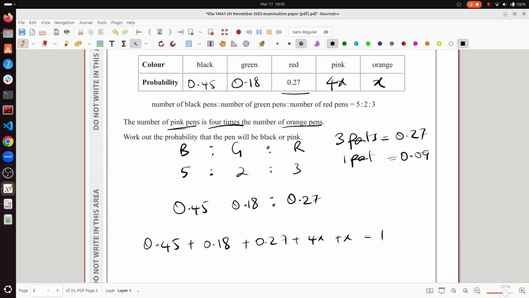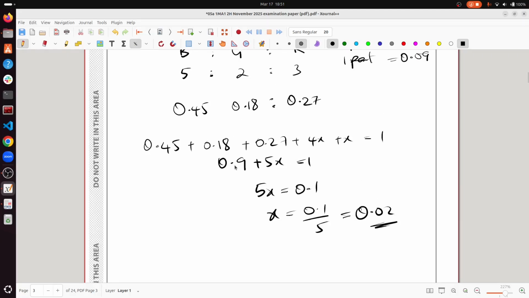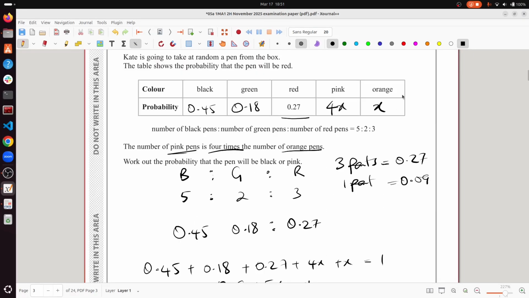So 0.45 plus 0.18 plus 0.27 should give me 0.9, plus 5x is equal to 1. And now we have that 5x is equal to 1 minus 0.9 gives me 0.1. That means x is 0.1 divided by 5, which is 0.02. So that's the value of my x, the probability for orange.